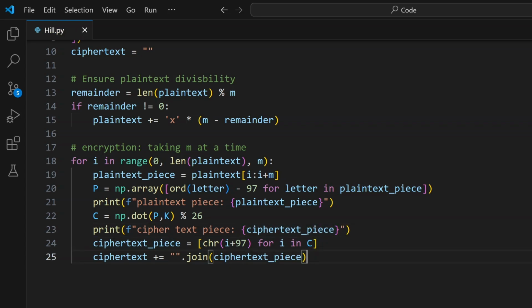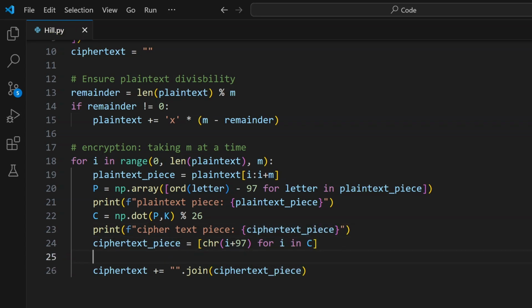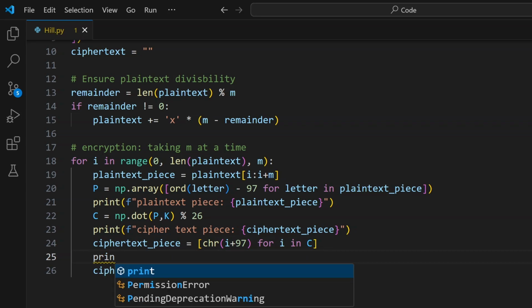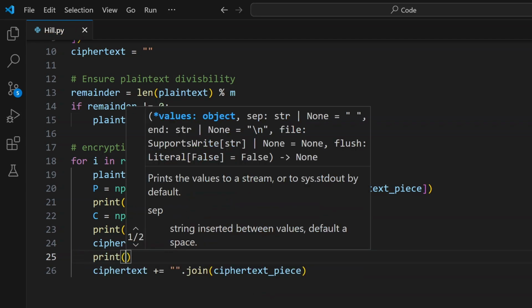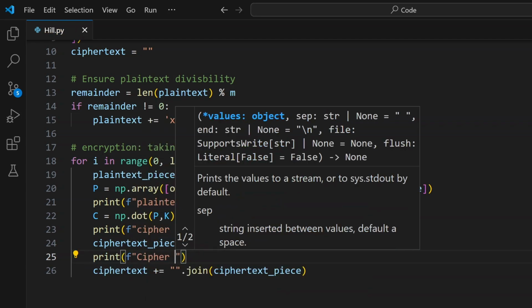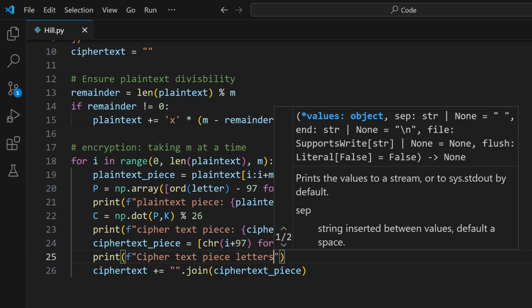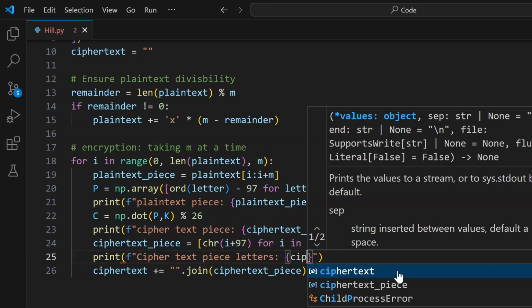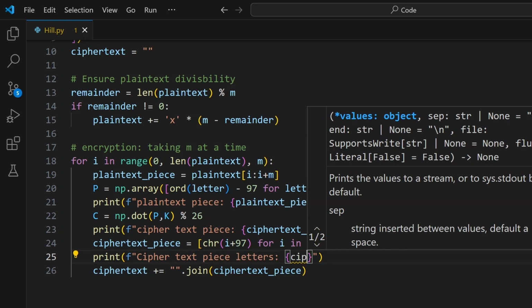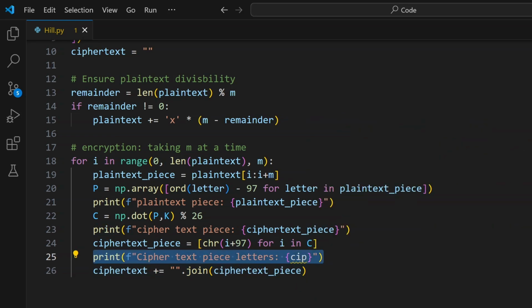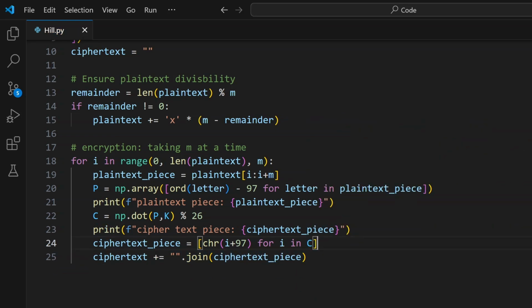And finally, we have the ciphertext piece, which is represented by letters. So, ciphertext piece letters, something like that. And in here, we'd actually have the ciphertext as it is at that moment.